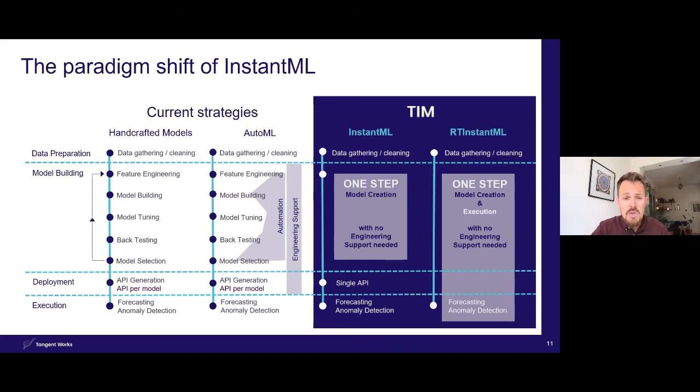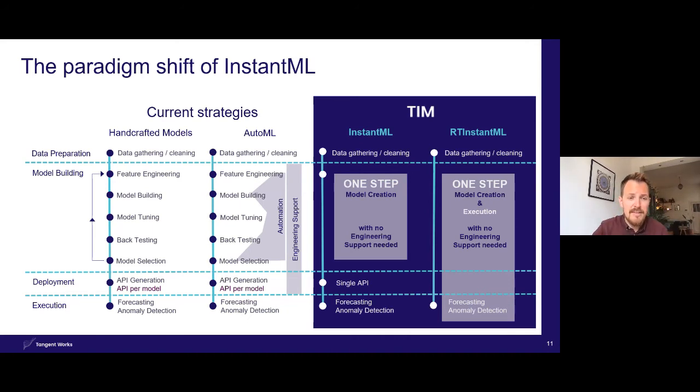But with instant machine learning, you have your data set ready. Your data is, for example, in Qlik. And in one step, we will train a model automatically, fully automatically, one push of the button. We train a predictive model on your historical data. Step two is that model, which now exists, is used on new data to make a forecast or anomaly detection.